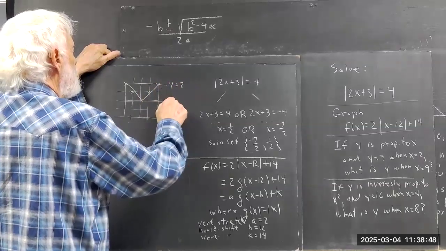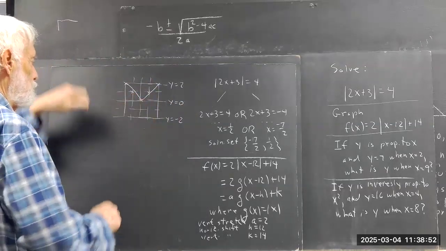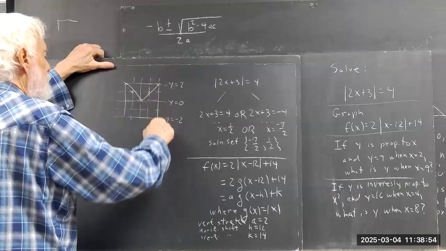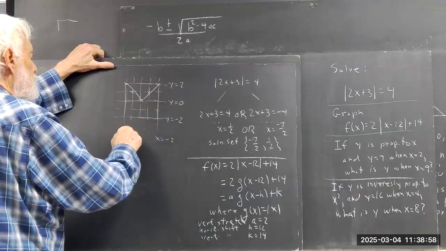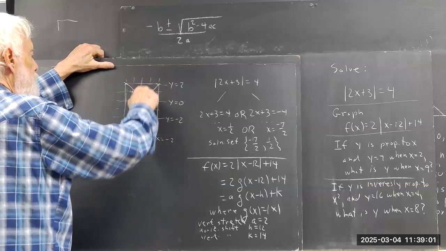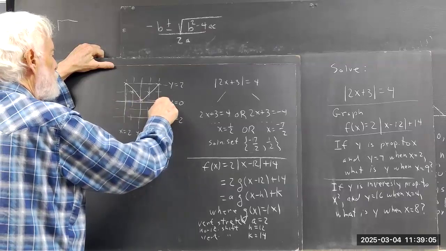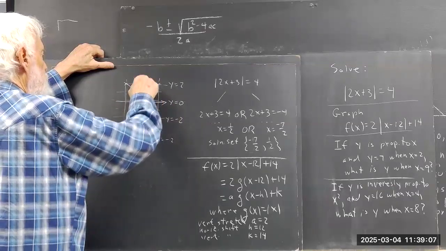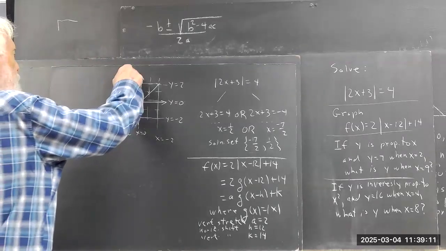This is y equals 2. This is y equals 0, and it's obvious this is y equals 1 and y equals -1. Here we have x equals -2, x equals 2. X equals 0, and of course, y equals 0 is the x-axis, and x equals 0 is the y-axis. There's the toolkit function.